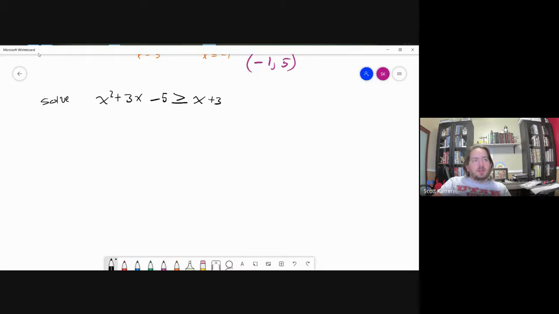Now, I don't have a 0 over on the right-hand side, and it was very convenient to compare my left-hand side to 0. So I'm going to shove everything off to the left-hand side. I'm going to say minus x minus 3 from both sides. That way, on the right-hand side, I have a 0. On the left-hand side, I get x squared plus 2x minus 8. And I can factor the left-hand side to x minus 2 and x plus 4.